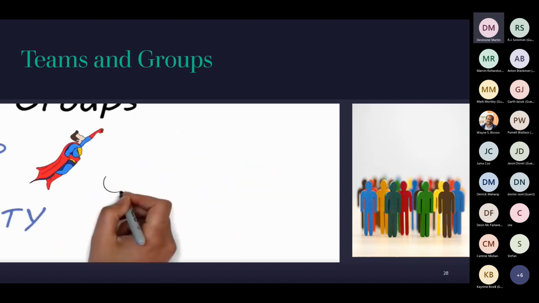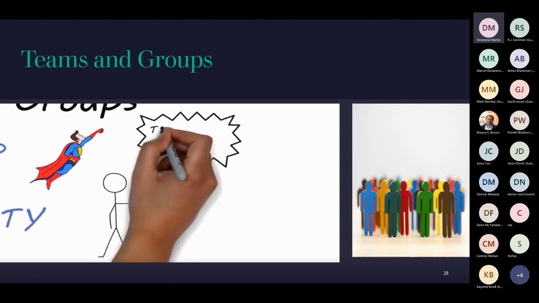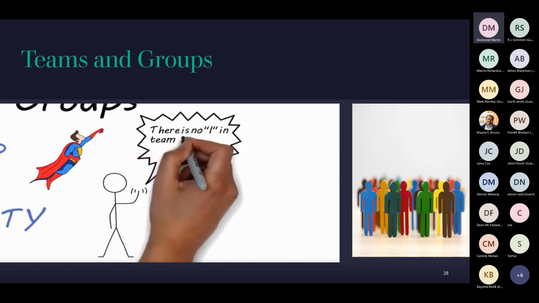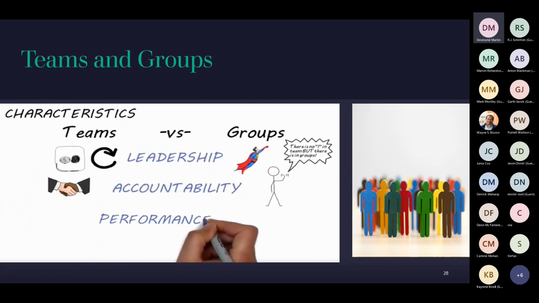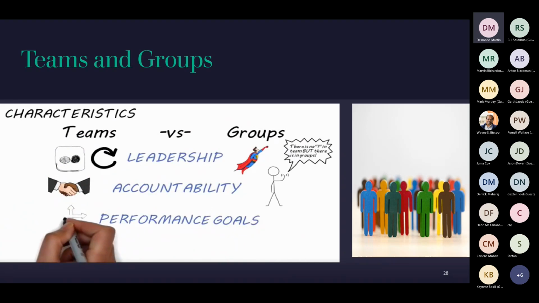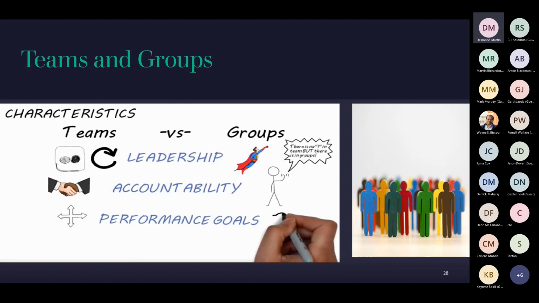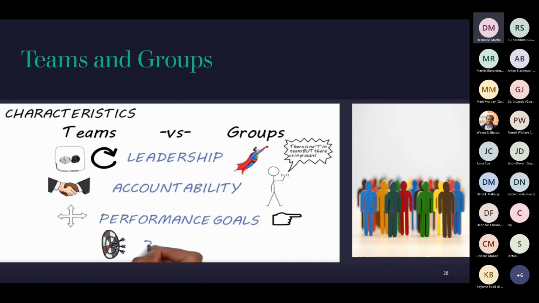Individuals and groups generally only feel accountable for their independent work within the group. This may be due to the fact that when performance goals are set, teams set their goals themselves, whereas performance goals for groups are often set by others. Teams typically have a very specific vision or purpose, whereas the purpose of a group tends to be that of the organization.